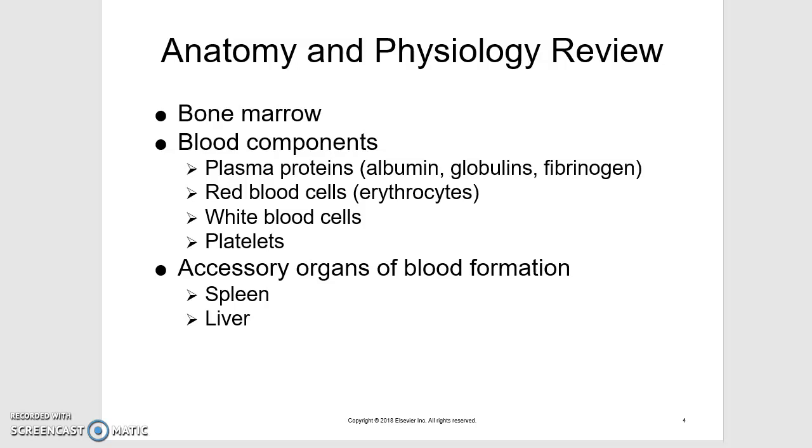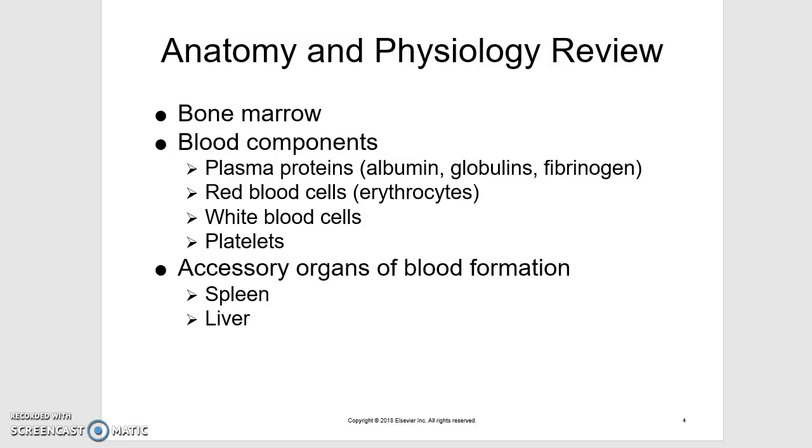Red blood cells, you should be thoroughly familiar with red blood cells, white blood cells, and platelets. I'm going to let you review the text on your own to go over those cells, because I think you probably feel pretty comfortable with them at this point. If you don't, read them, go over them until you do feel comfortable with them.